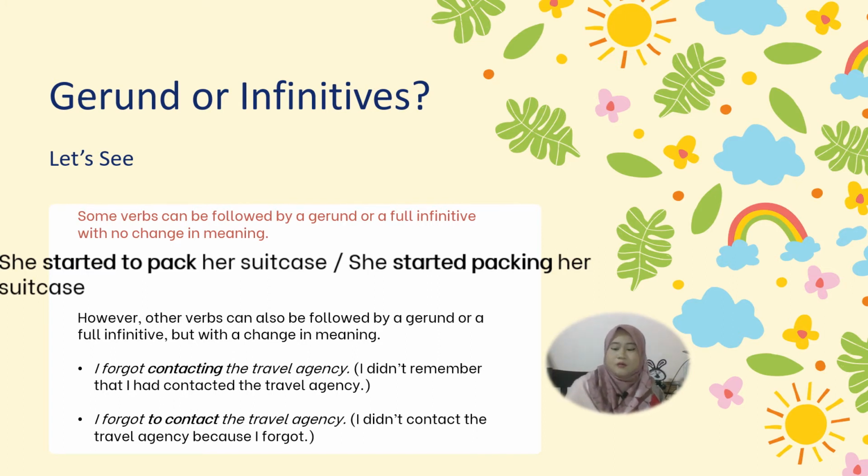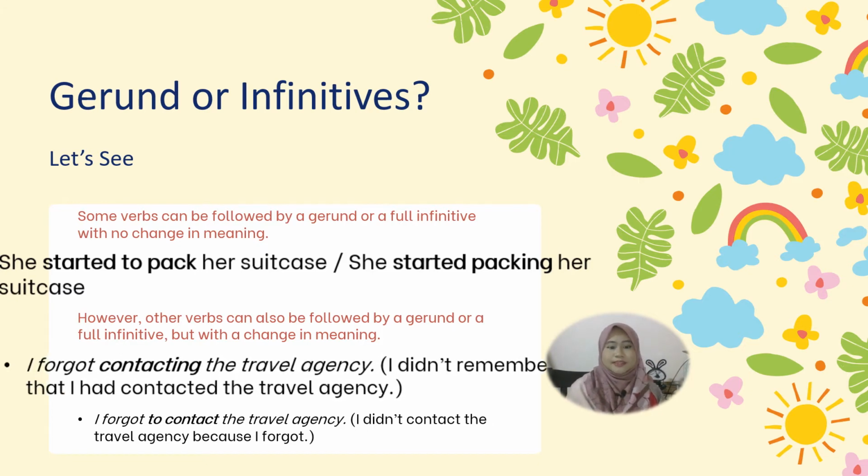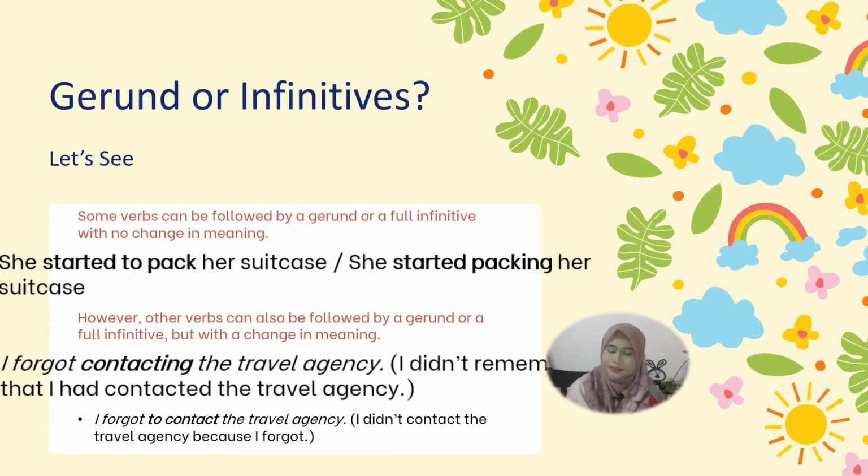Okay, however, other verbs can also be followed by a gerund or a full infinitive, but with a change in meaning. For example, let's look at the example given. I forgot contacting the travel agency.